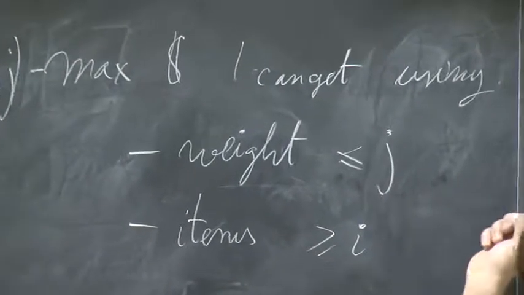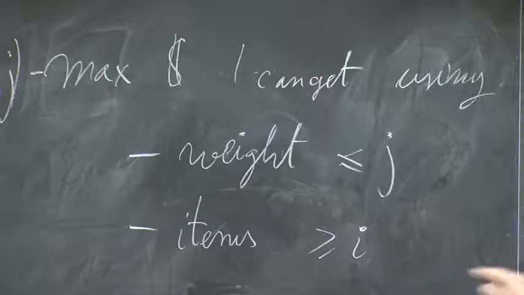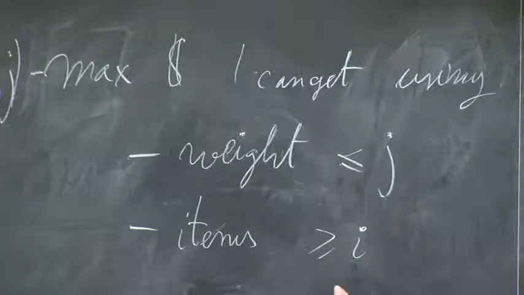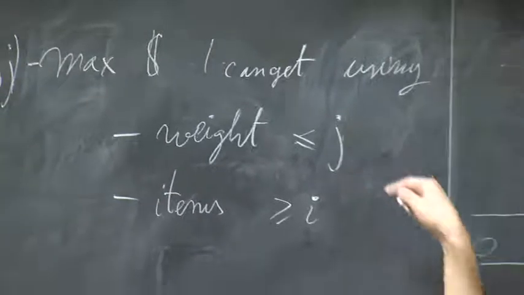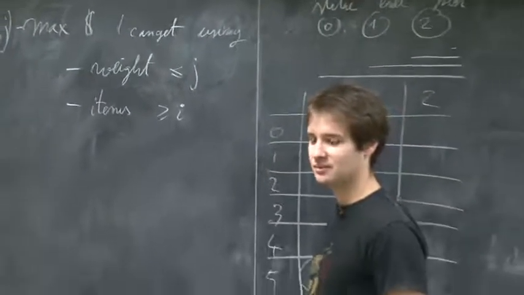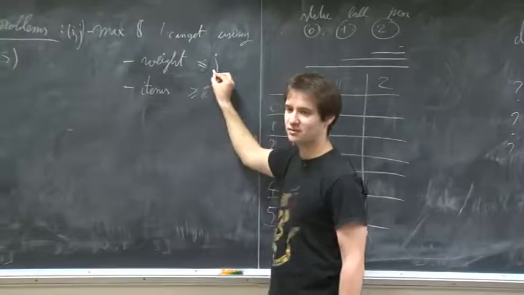Agrees with the initial problem. And using items i or greater than i, so 0 or more, so items 0 through n minus 1. These are all the items. This is the maximum capacity. So this maps to the initial problem. And that's why I did this. That's why I don't have an equal sign here.